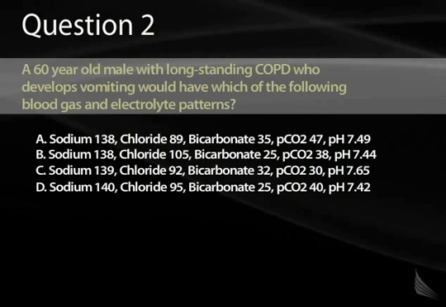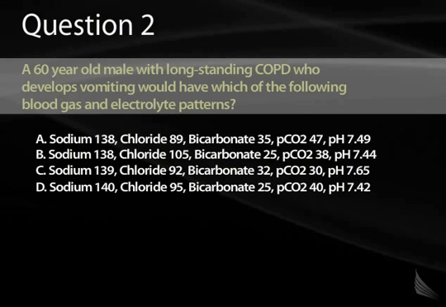B. Sodium 138, chloride 105, bicarbonate 25, PCO2 38, pH 7.44. C. Sodium 139, chloride 92, bicarbonate 32, PCO2 30, pH 7.65. D. Sodium 140, chloride 95, bicarbonate 25, PCO2 40, and pH 7.42.